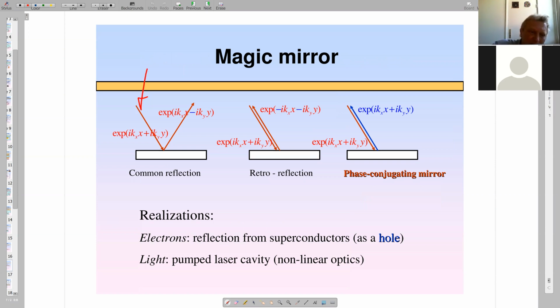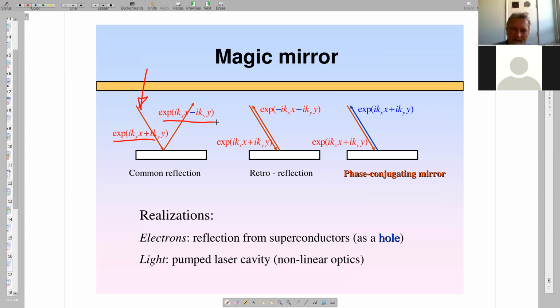You remember quantum common reflection. There is an incident wave, and a reflected wave. In this case, it follows a different direction, a different wave vector, right? Except when it is really perpendicular to the surface. So that's common reflection.